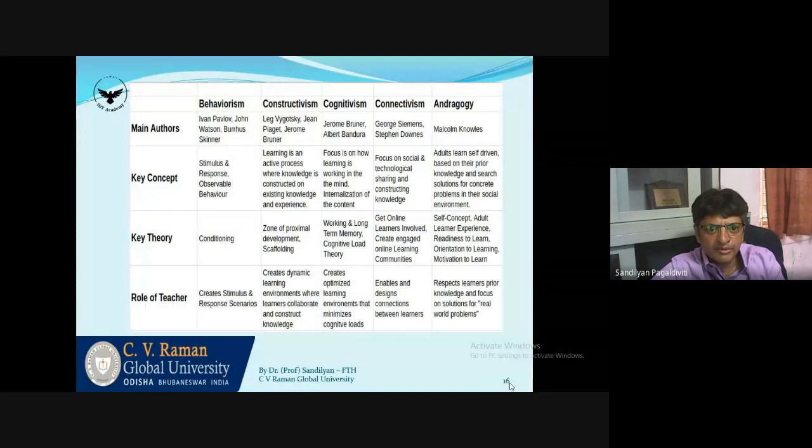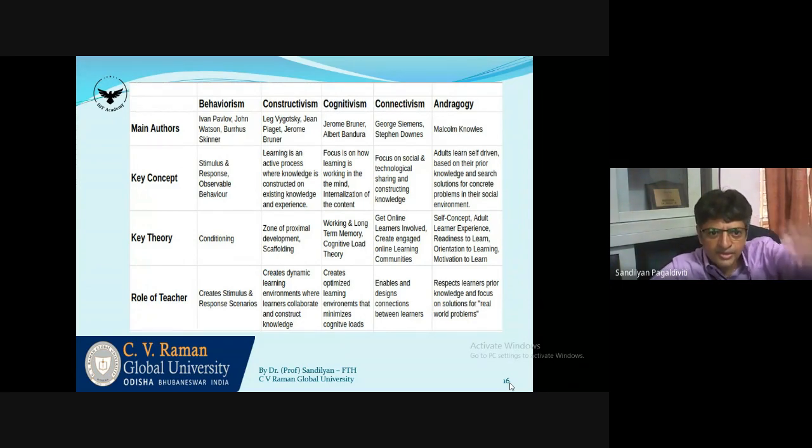I'm just giving one as an example. If we look at behaviorism, the major authors who have spoken about this are Ivan Pavlov, John Watson, and B.F. Skinner. The key concept is basically response to stimuli or conditioning. And the role of the teacher is to create stimulus and response scenarios.